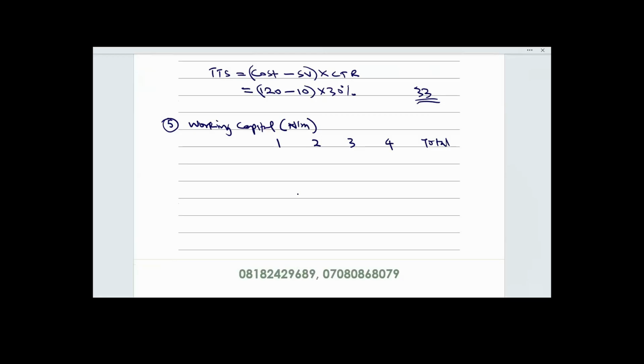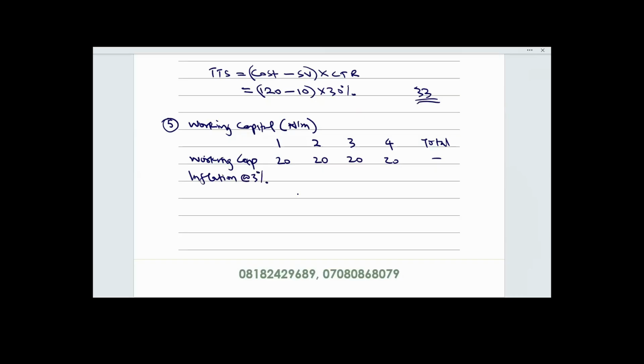So working capital. Of 20 million, if I want to use the primary school method, I will just repeat 20 million for each year. Then we have inflation at 3%.